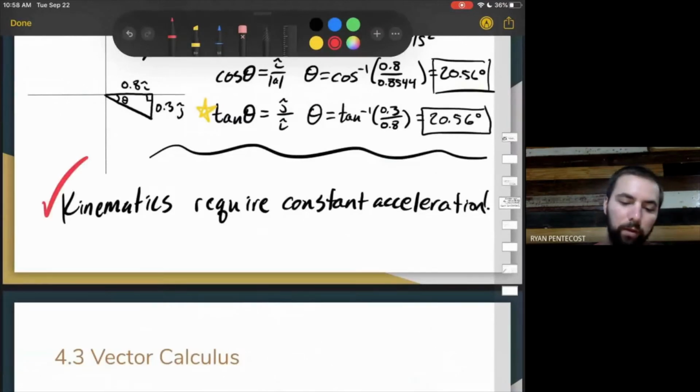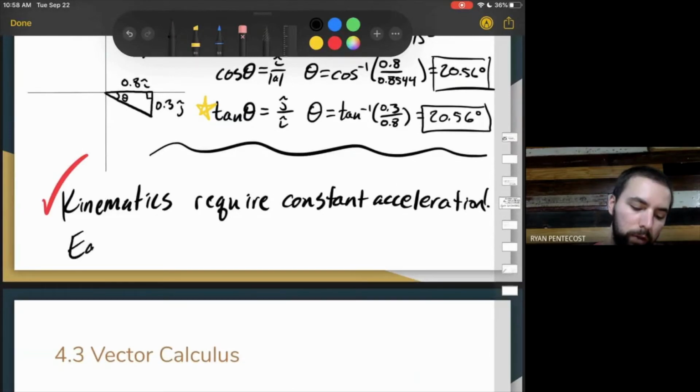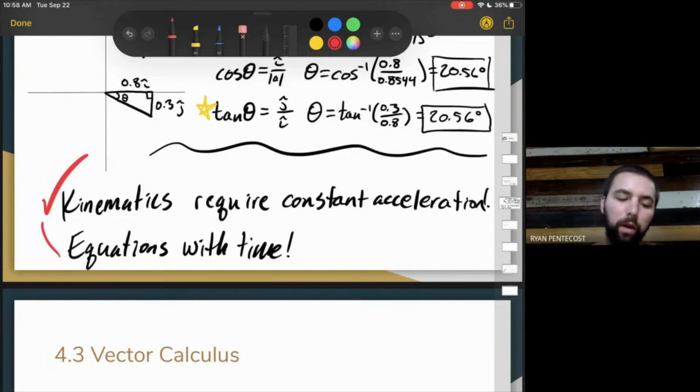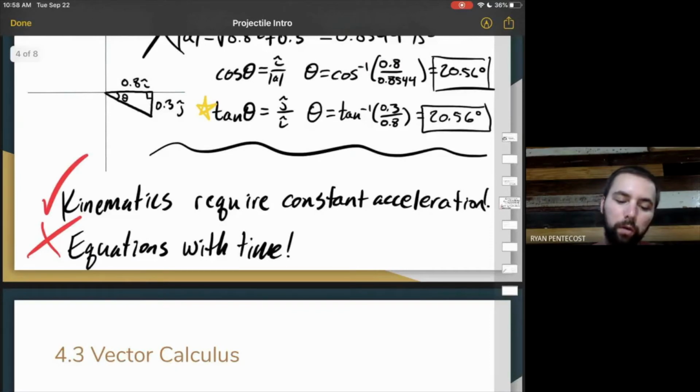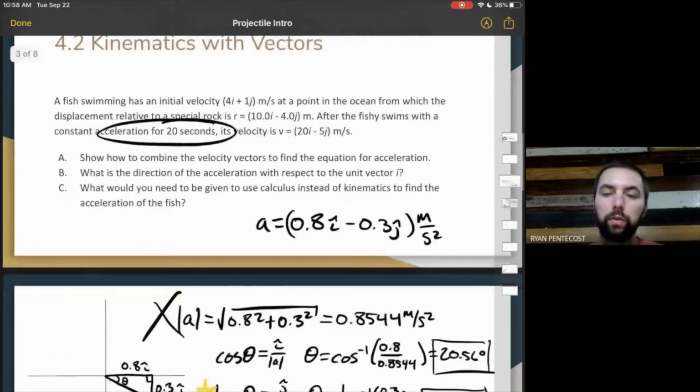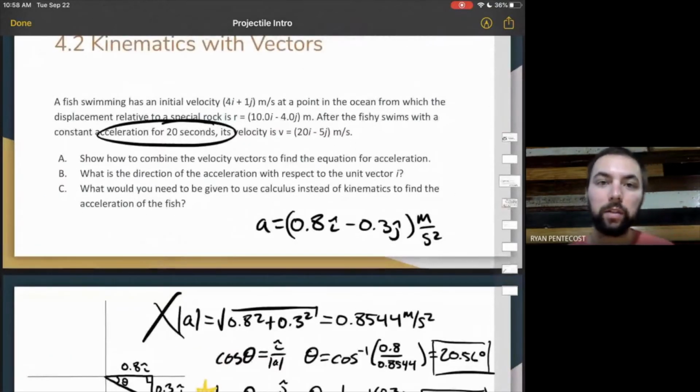We have that. Another thing is that we need equations with time. That we do not have. All of these equations through here do not show any change with respect to time, because at the instant they are measured, they are not changing.